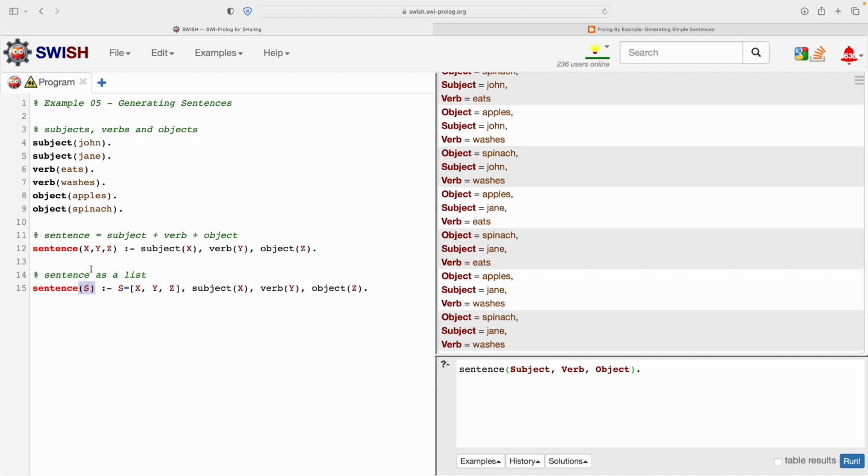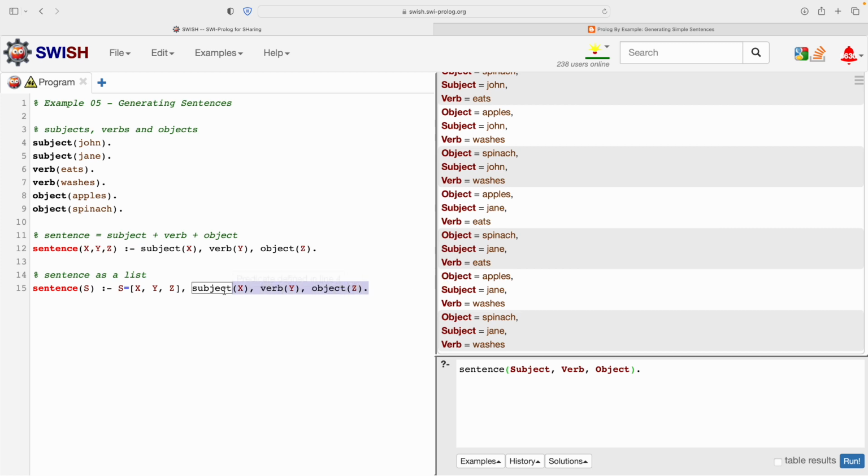Again, if you're familiar with other programming languages, that might be something you've seen before. So as far as Prolog is concerned, this definition and this definition are different because the arity, the number of parameters, is different. So let's read what this is saying.